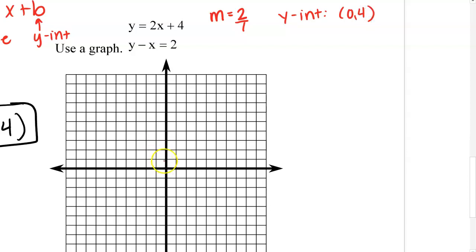So I'm going to go up to 4 on the y-axis and plot my point. And then my slope tells me to go up 2 and to the right 1. Again, I want to cover enough of the graph that when I put my next line on the graph, I can clearly see where the lines intersect.